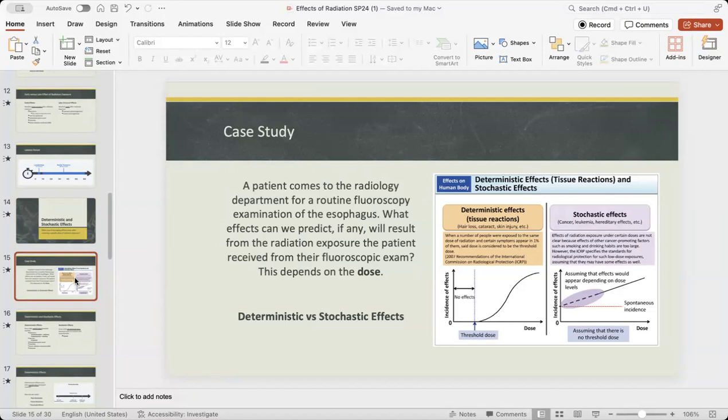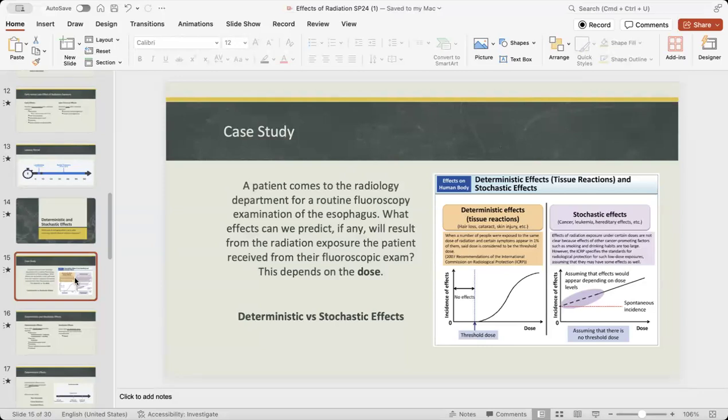Usually a patient comes in for a routine fluoroscopy exam, we do all the proper shielding, we do all the proper things with the machine to reduce dose and limit the time. More than likely, nothing's going to happen. The patient is not going to have anything that we can see.